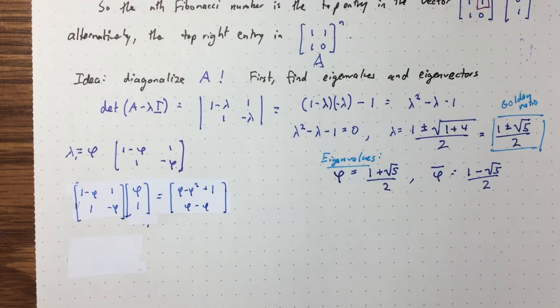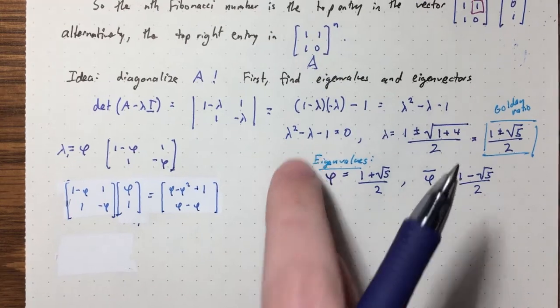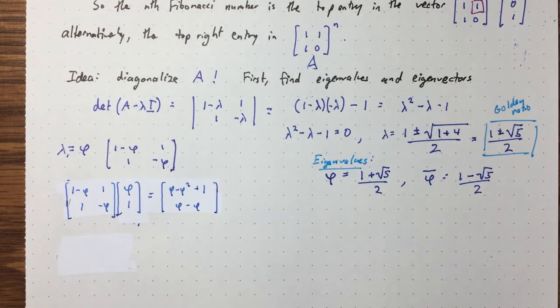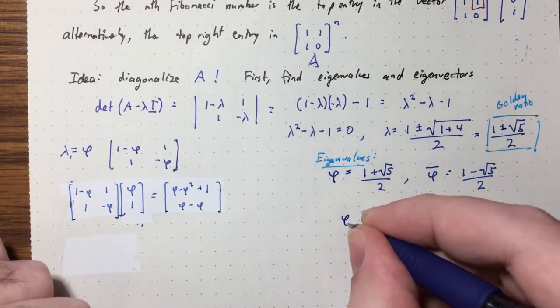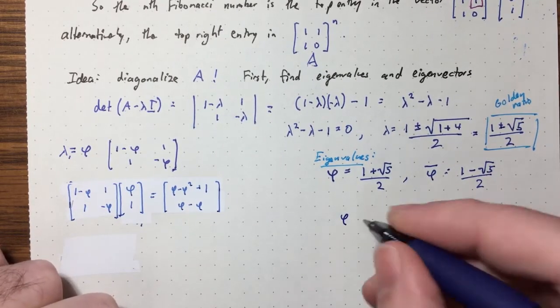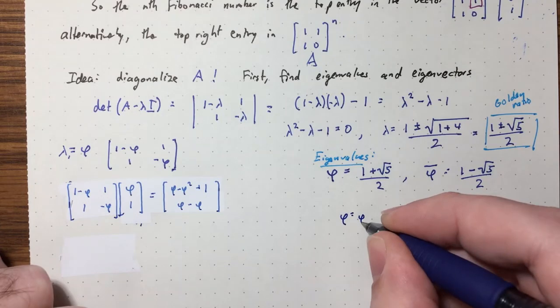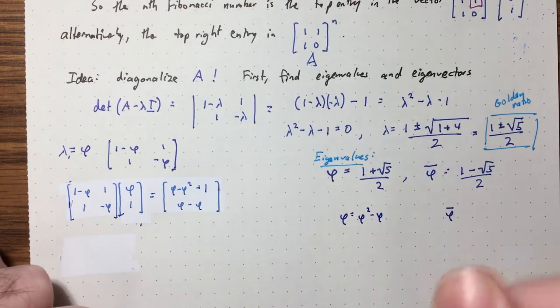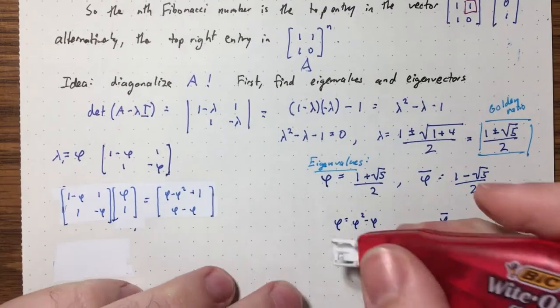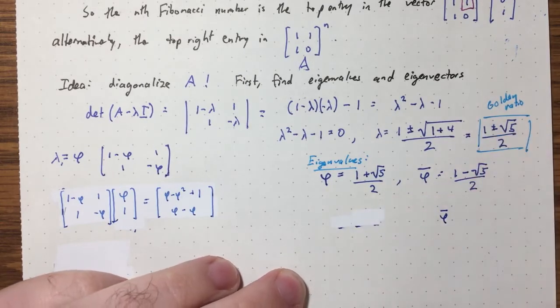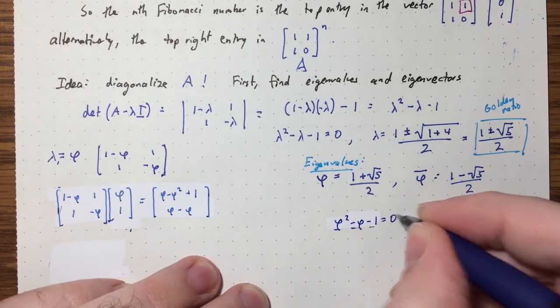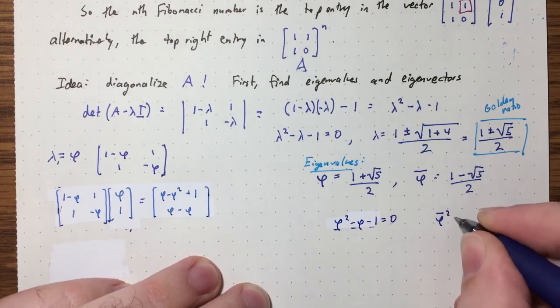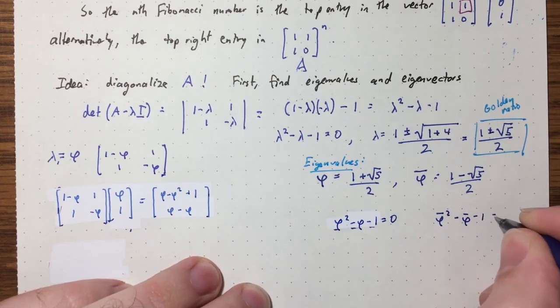But that top entry looks suspiciously like this polynomial here. Remember, phi is a root of this polynomial. So phi and phi bar both satisfy phi squared minus phi minus 1 is supposed to be 0. And the same with phi bar: phi bar squared minus phi bar minus 1 is 0.